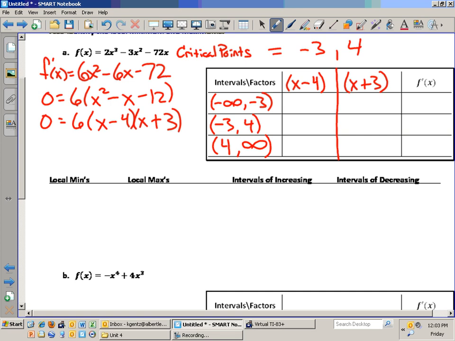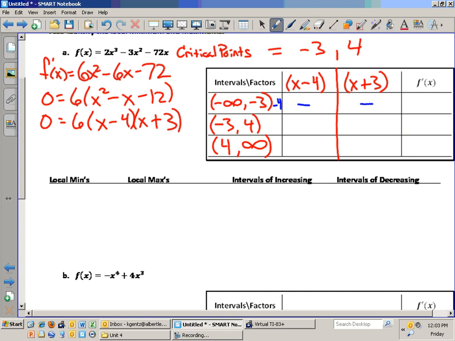What is a point between negative 3 and negative infinity that you would like to test? Let's try negative 4. Negative 4 minus 4, positive or negative? It is negative. We are testing to see whether the derivative is positive or negative, whether the function is then increasing or decreasing. Negative 4 plus 3, negative.